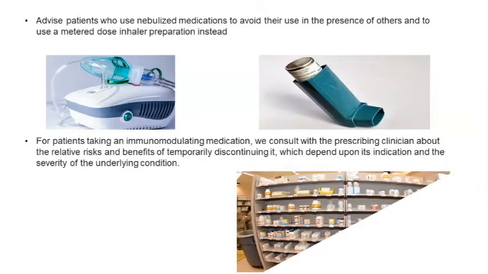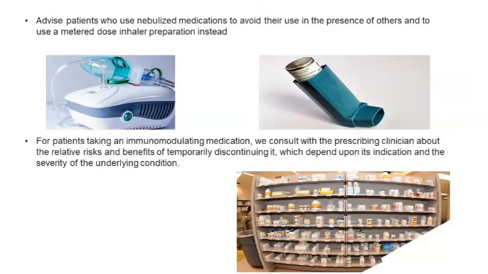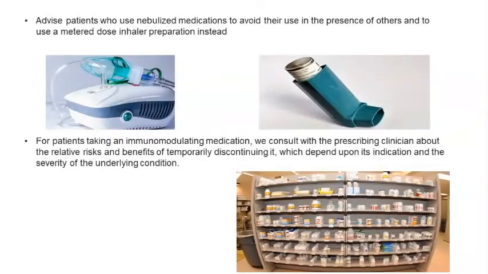Of course, in case of transplantation, we can't stop the immunosuppression completely. But this can be assessed by the transplant doctor and the nephrologist to minimize the dose according to the immunological risk of the patient. So this should be put into consideration.